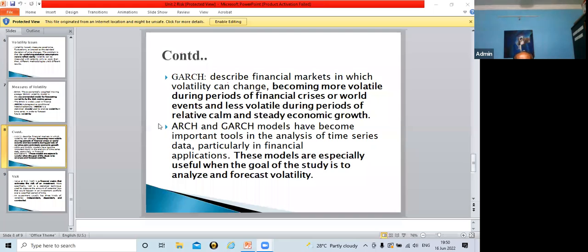I'm giving you 1 minute. Everyone, please read this on ARCH and GARCH models, where they are used and how they are useful. Read this, because from the examination point of view, you may be asked a short note on GARCH, ARCH, or EWMA, exponentially weighted moving average.